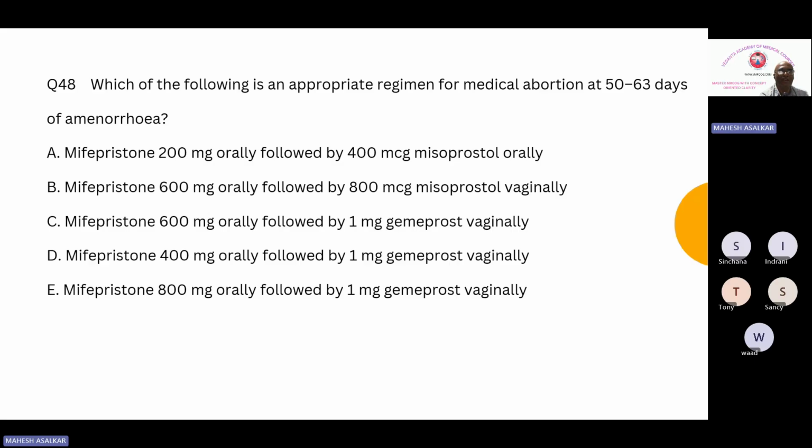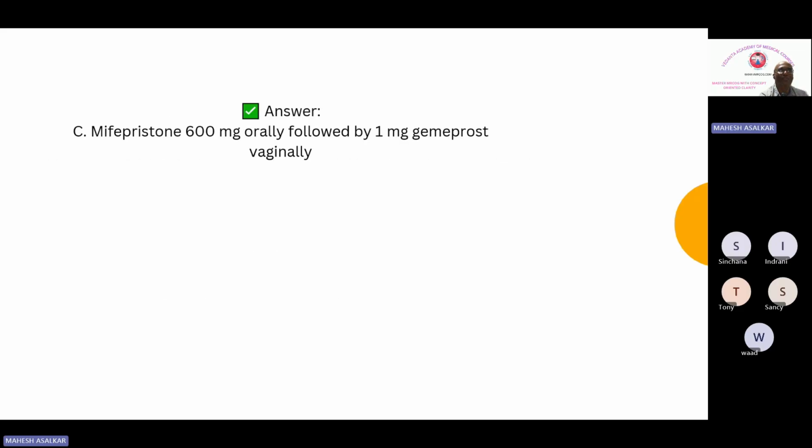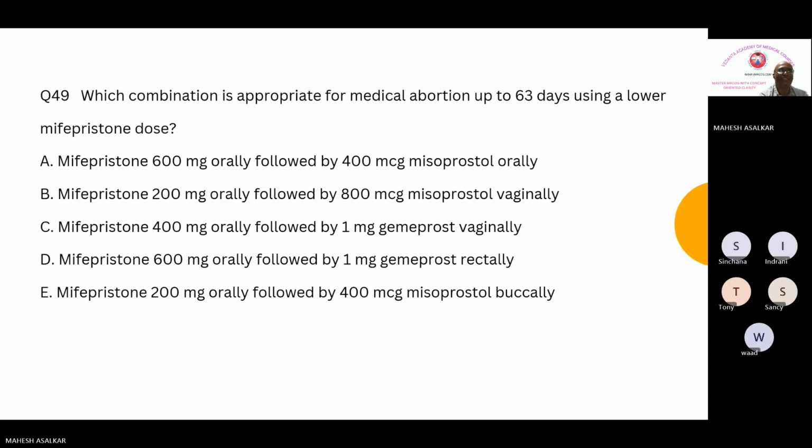So 600 along with 800 might be the most suitable option, or I think B should be the most suitable, or C: 600 with 1 milligram of gemiprost vaginally. Yes, the chart is there. They have given 1 milligram of gemiprost also, with 200 mife and 600 miso also. So this is the correct option.